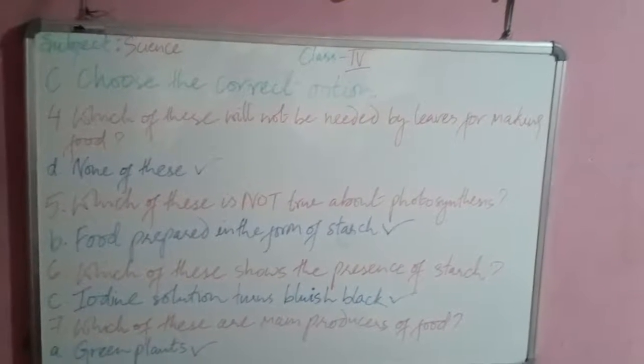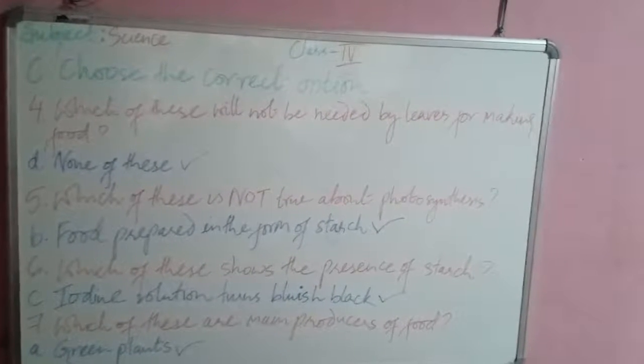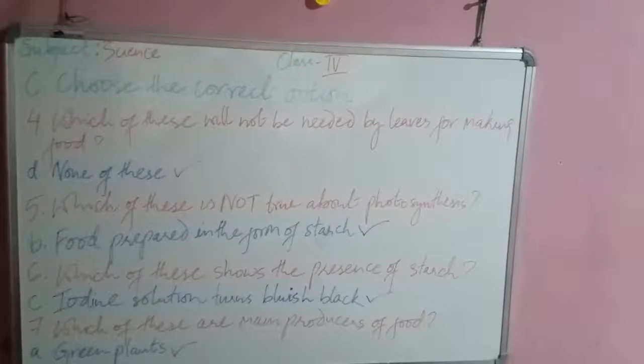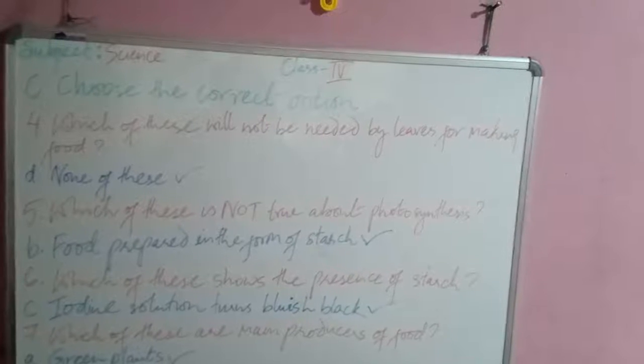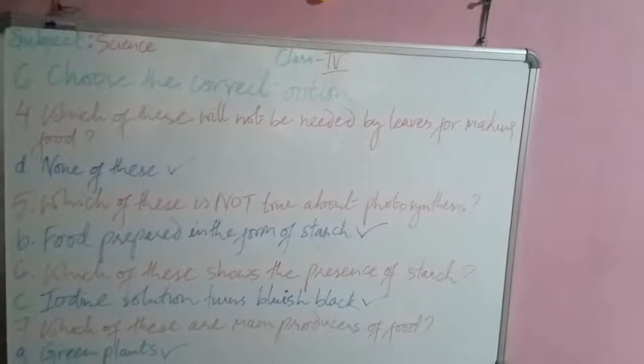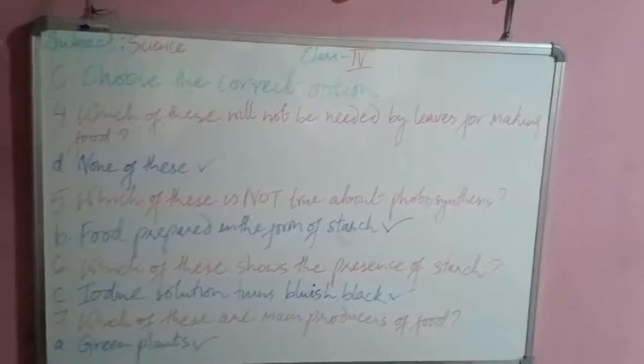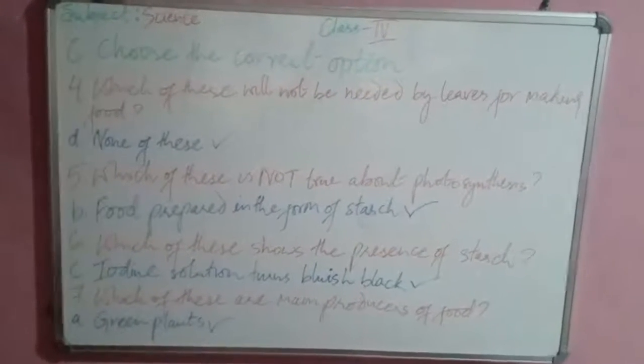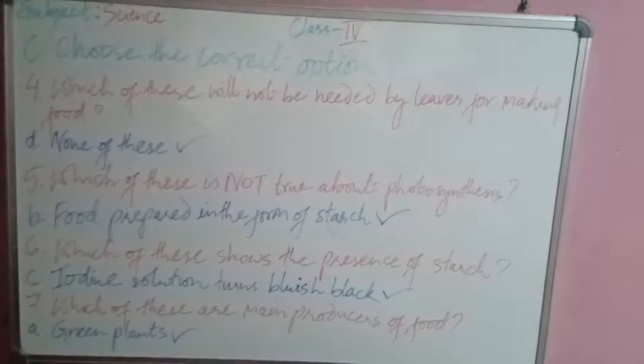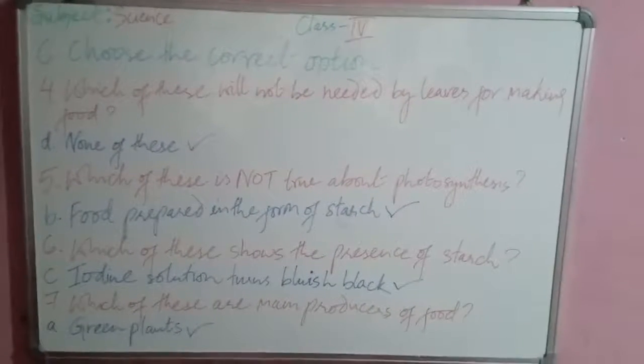And your options are food prepared is in the form of sugar, food prepared is in the form of starch, carbon dioxide, water and light are raw materials, chlorophyll is needed to absorb light. So the correct option is food prepared in the form of starch.